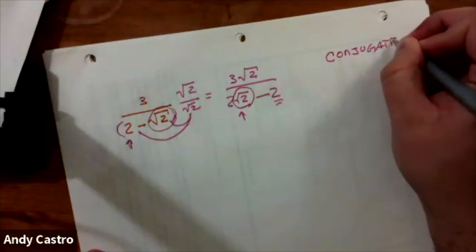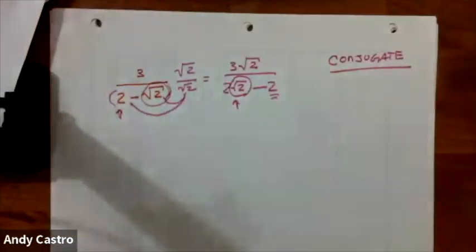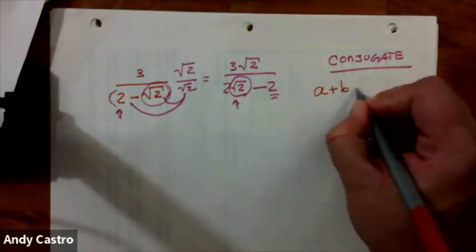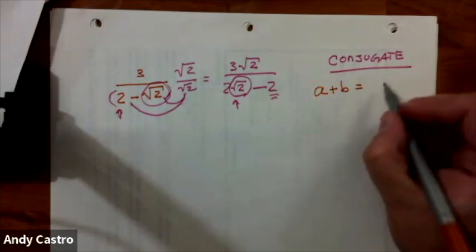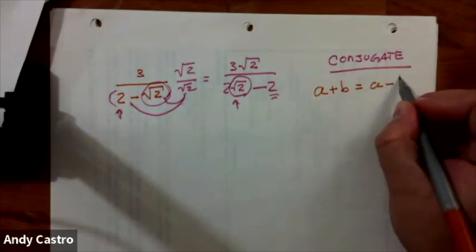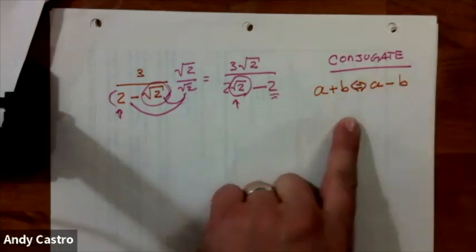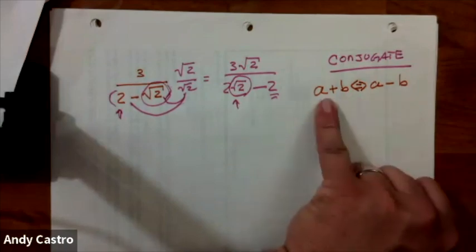So we're going to use something called a conjugate. What is a conjugate? All right, so a conjugate is a binomial whose internal sign has been reversed, okay? These aren't equal to each other, but they are conjugates.